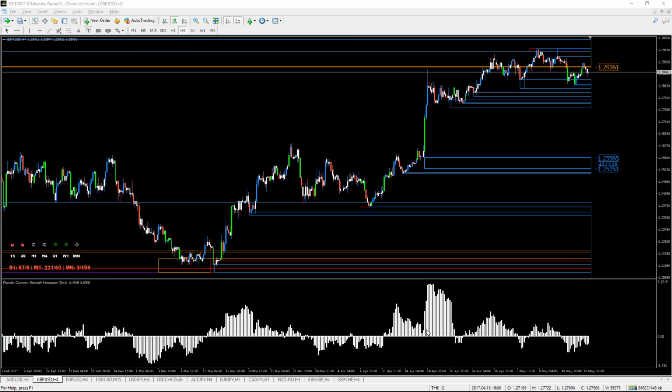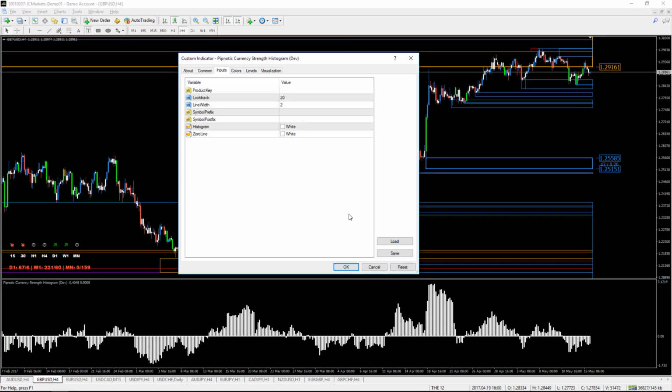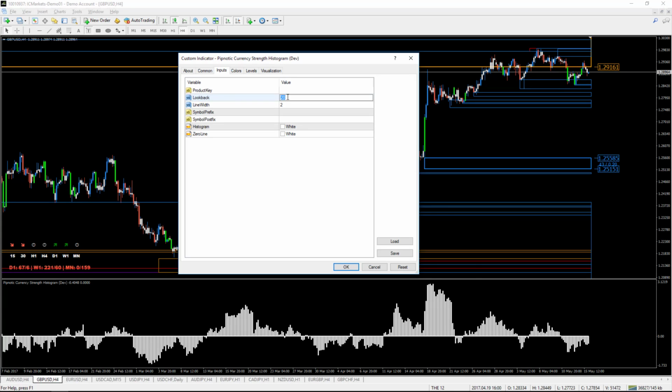Let's have a quick look at the configuration for this indicator. We have a setting called the look back, and this is set to 20. This is fine. I don't really fiddle with this setting so much, but you're welcome to experiment a little bit. I recommend that you use 20 initially, and once you're comfortable, you can perhaps change it to greater and smaller values, just to experiment.